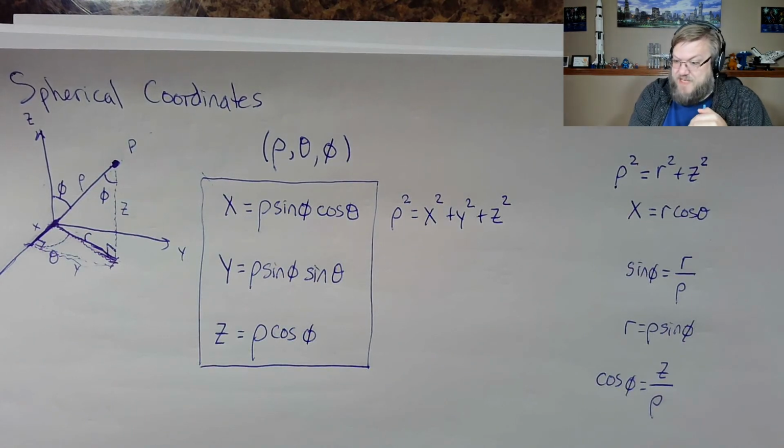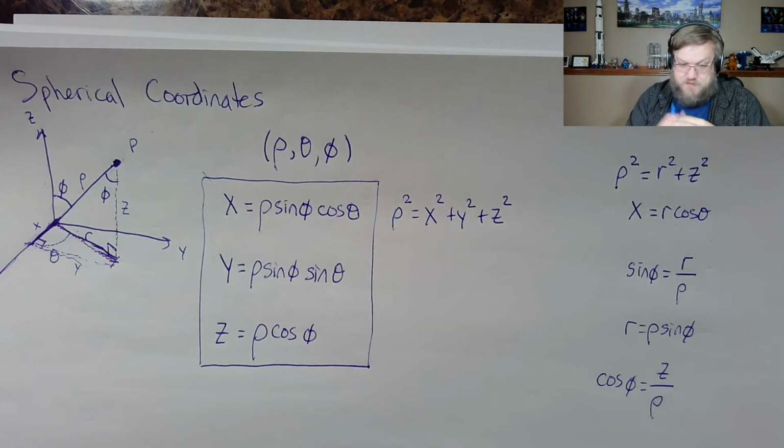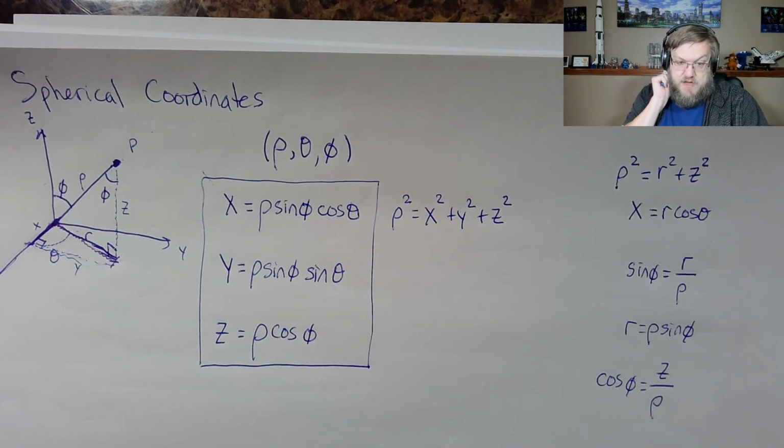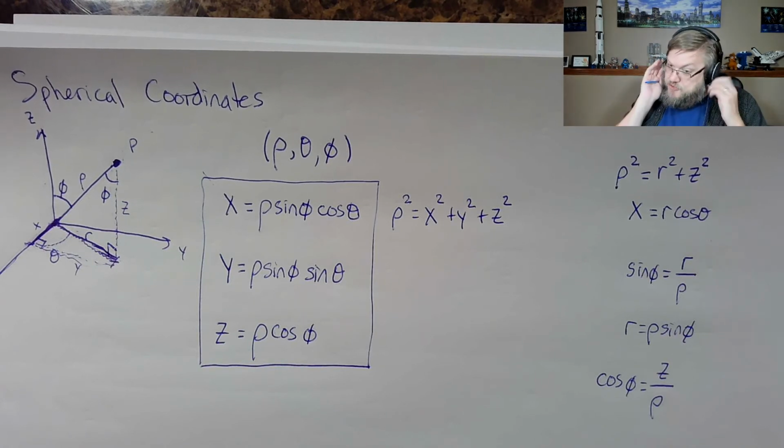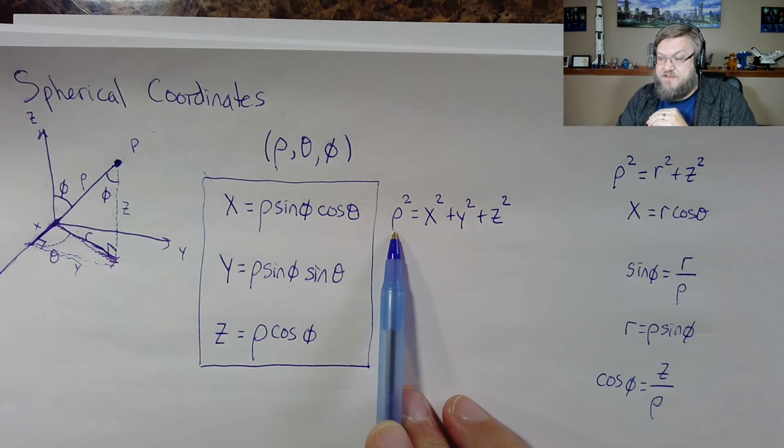So you tell me the x, y, and z coordinate, and I will tell you that rho has to obey this equation. Okay. Now, it looks like rho could be positive or negative, and mathematically that's true. If I solve this, there's going to be two options for rho, a positive or negative number. However, by definition, we don't allow rho to be negative.